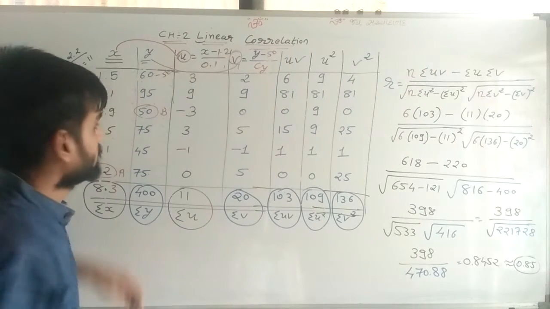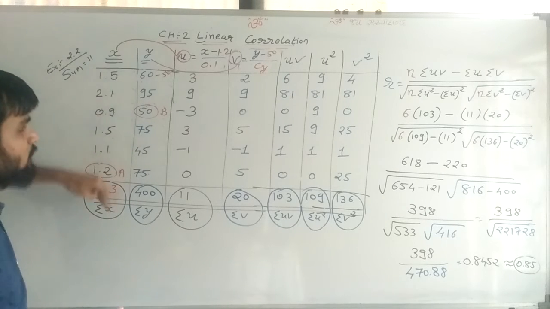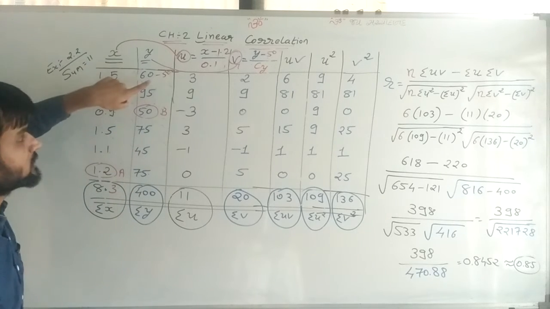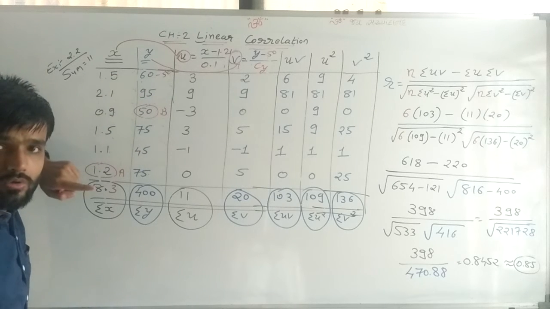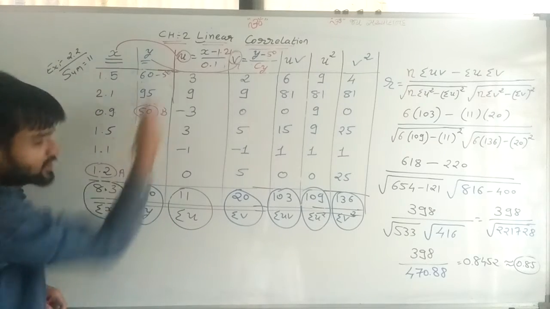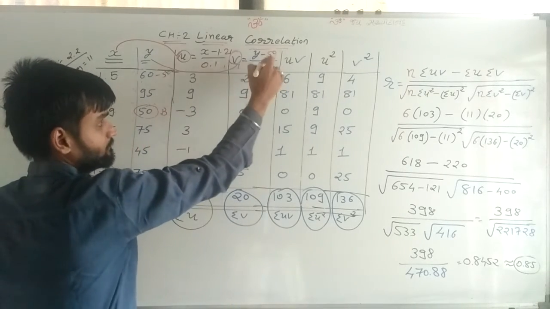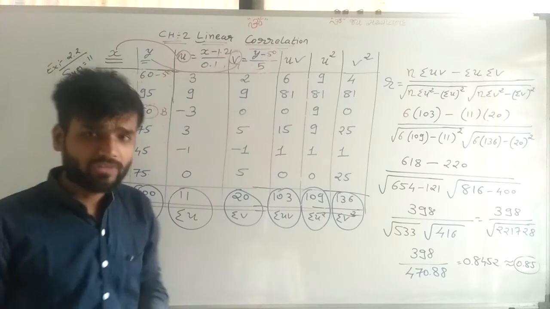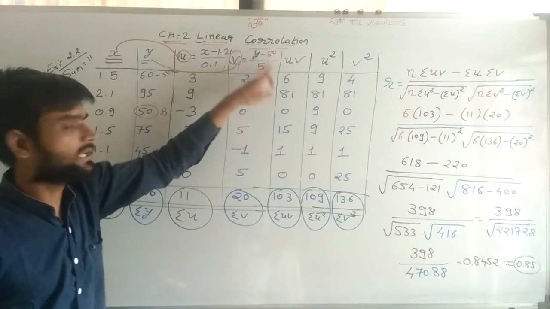Now divide by what? All these values are divisible by 5 because the last digit is 0 or 5. That we can understand easily. So we are dividing by 5.